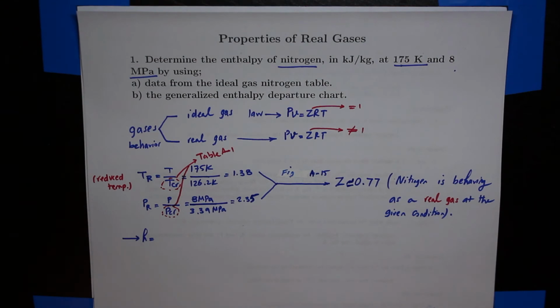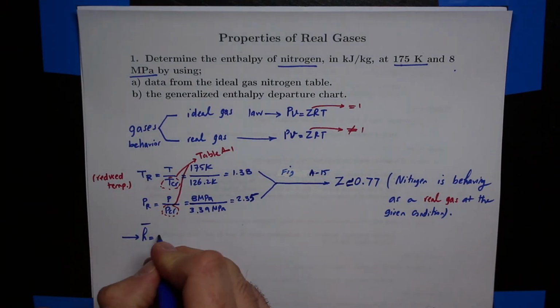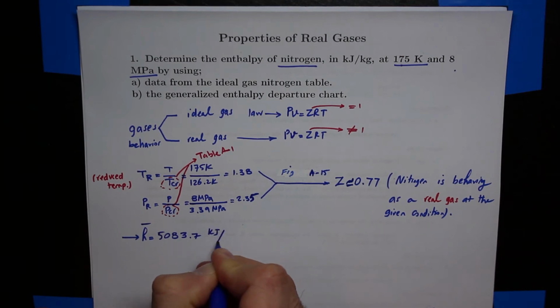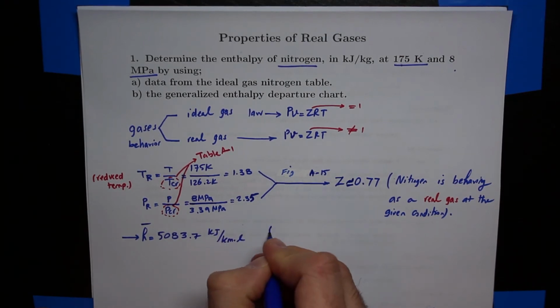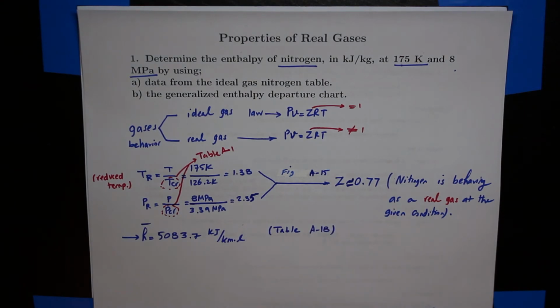So by doing some interpolation, we will obtain H bar equal to 5083.7 kilojoule per kilomole. All right, so this is coming from table A18 from your textbook. Okay, but the unit needs to be converted.